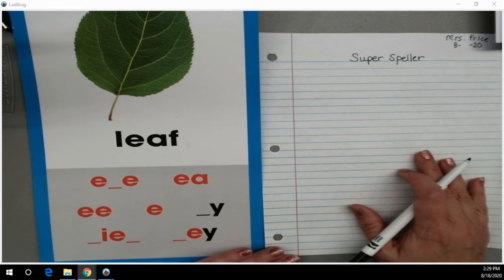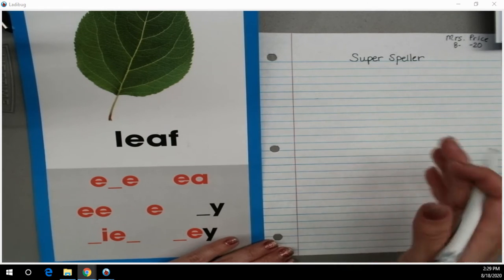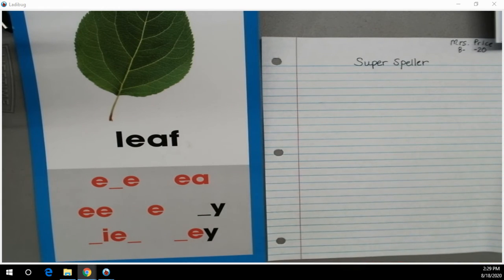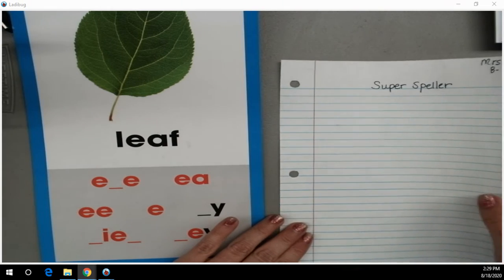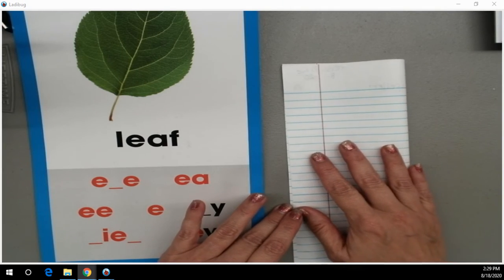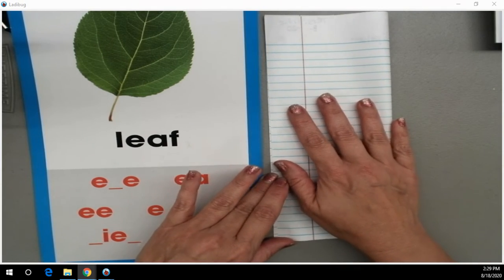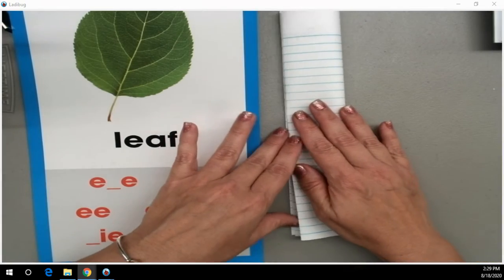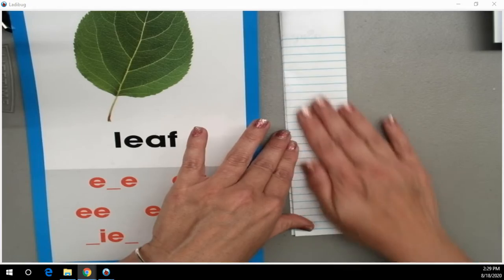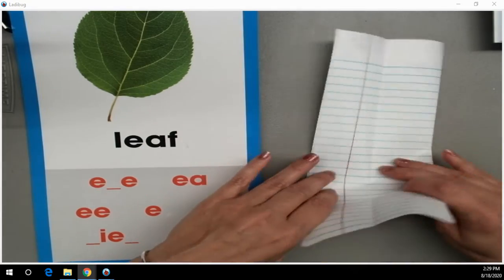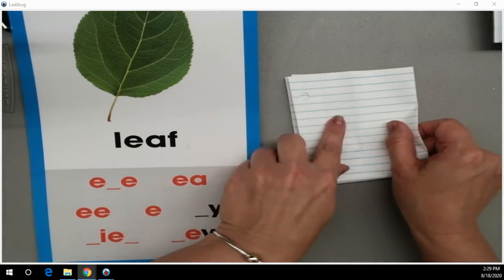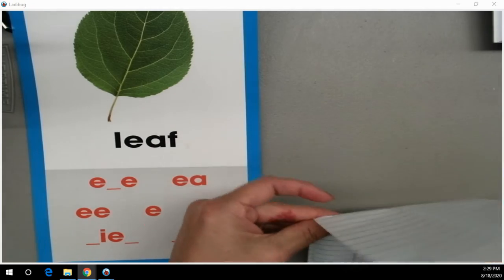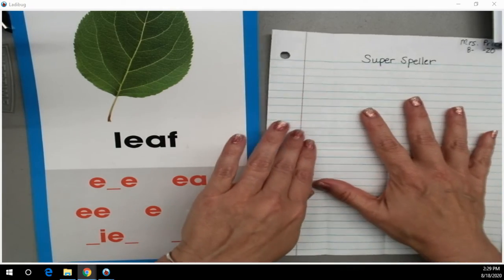So what I'm going to do is I'm going to kind of break it up here. And you could fold your paper, or I'm going to fold it and make long and skinny, or you could just draw the lines. But folding helps keep your column straight, so I'm going to go ahead and fold it. So I have 4. And then I'm even going to fold it in half. So when I open it up, I'm actually going to have 8 boxes.